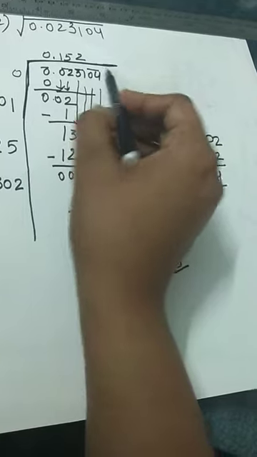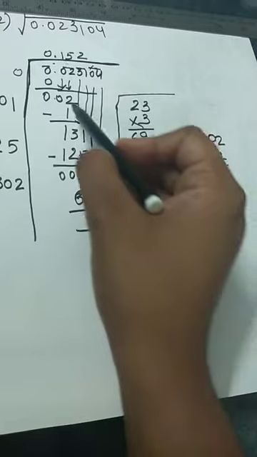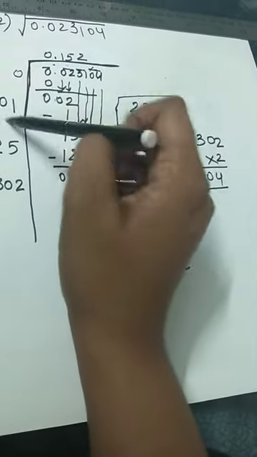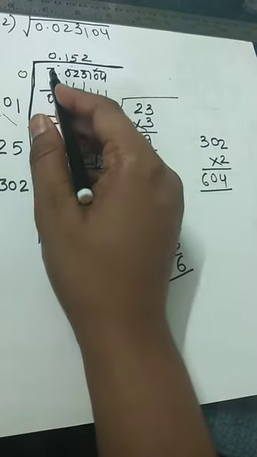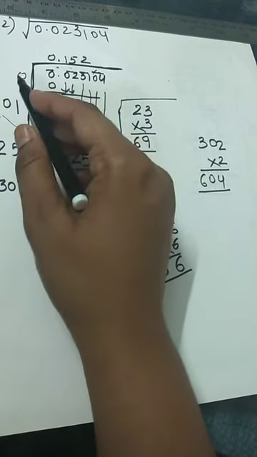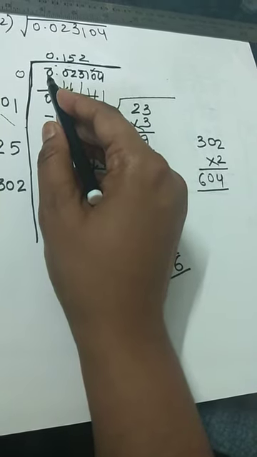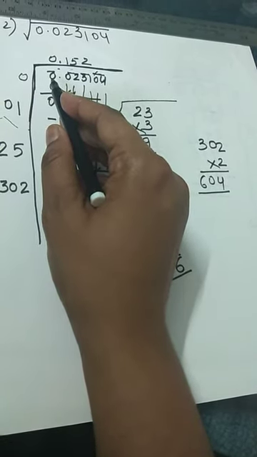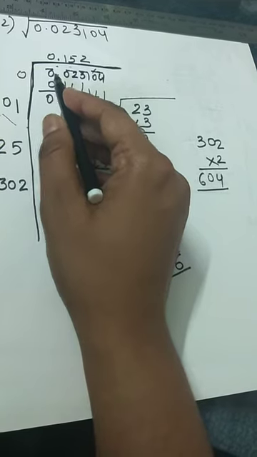From right hand side, we have to move from right to left. Now we have solved the whole number part and taken it by 0, because here we are having the number in the dividend part as 0.